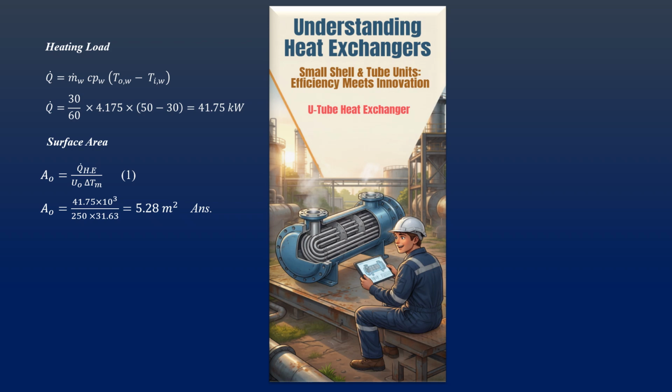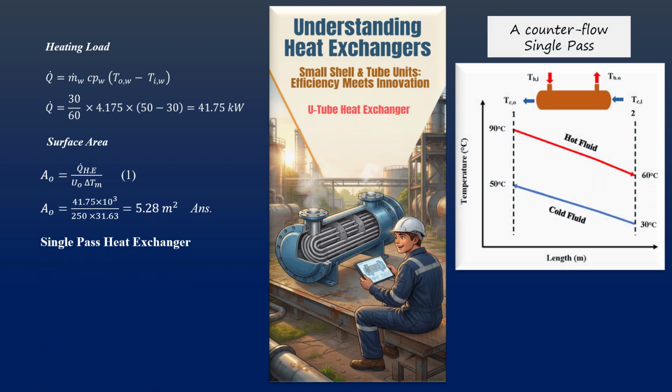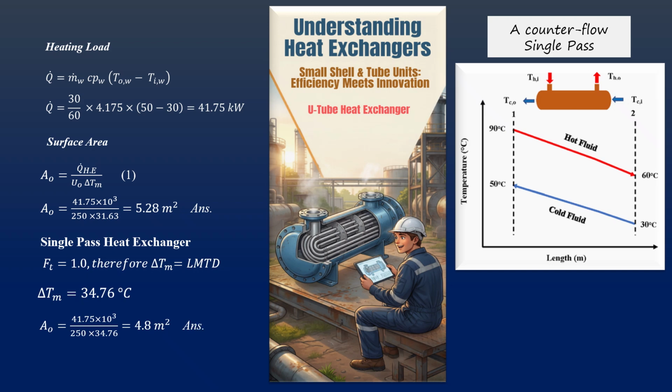And if we go to the second pass, single pass heat exchanger, as shown in this figure for the temperature distribution, we have F sub t equal to 1 for this heat exchanger, then delta T mean equal LMTD, and that means delta T mean equal to 34.76 degrees Celsius, and A naught in this effect will be equal to 4.8 meters square as a single tube pass heat exchanger.